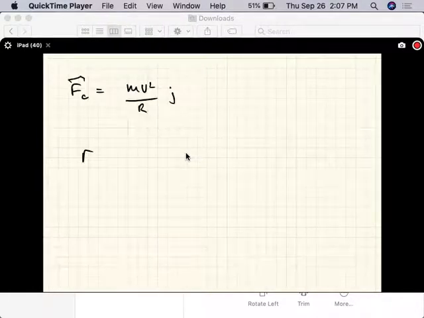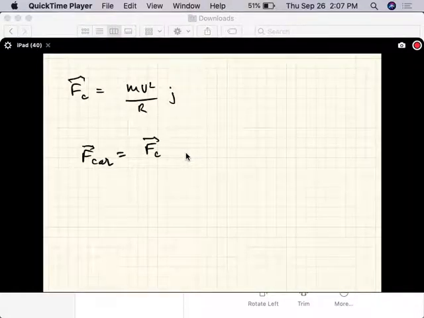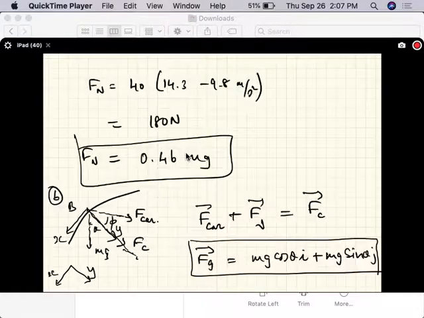The force that the car exerts is the centripetal force minus the force of gravity. We're just finding the components. So this is mv squared by r j minus the force of gravity.